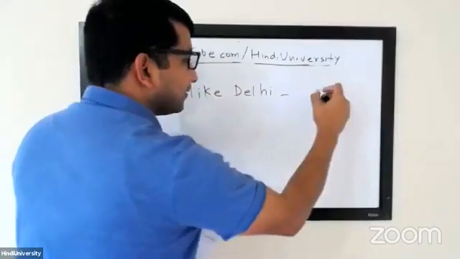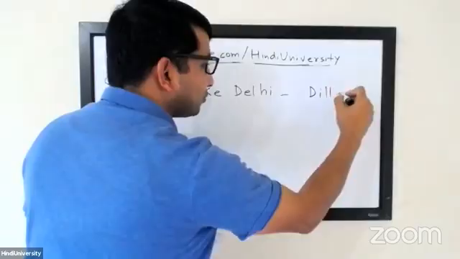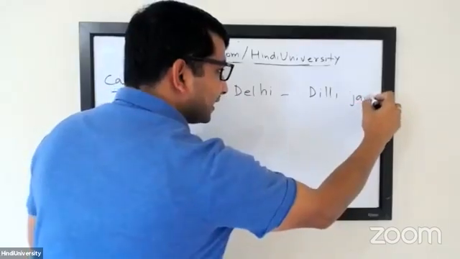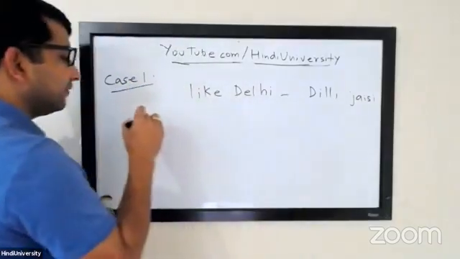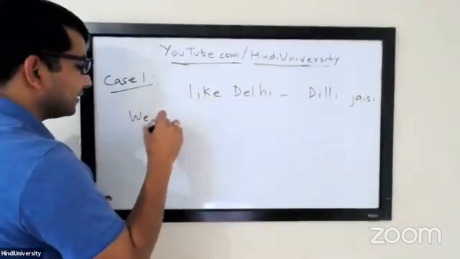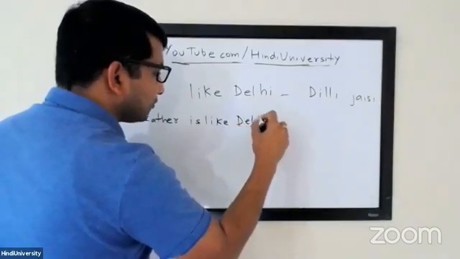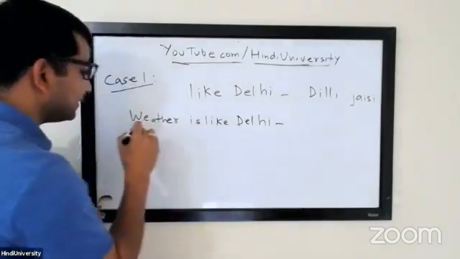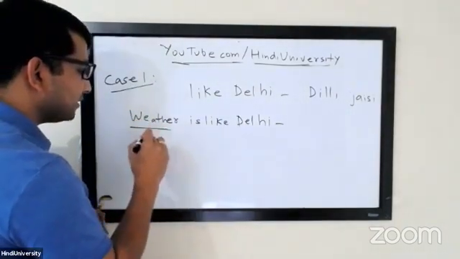Delhi jaisi. Okay, so that's correct, Delhi jaisi. But let's say I want to talk about weather. Weather is like Delhi. Mosam Delhi jaisi. No, because we're talking about weather, it's considered masculine singular.